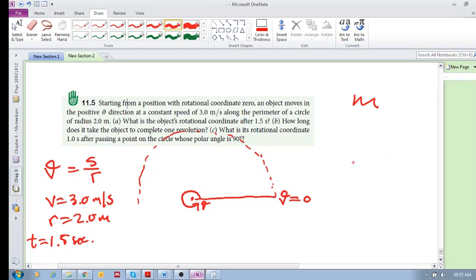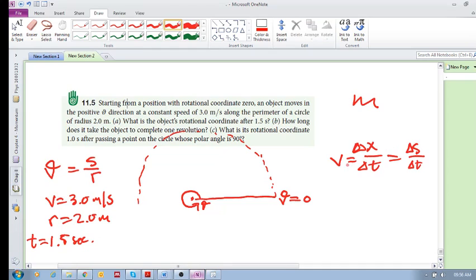if we've got time and we've got velocity, we can calculate this arc length. Okay? So remember that velocity, I'm just doing it in a very crude way here, is your x over t, or delta x over delta t. It's your change in position. And when it comes to moving around a circle, this will be your delta s. Because your velocity is your change in arc length over change in time.